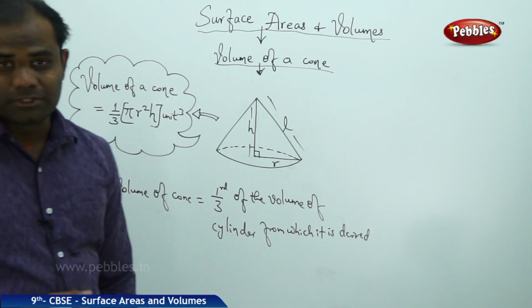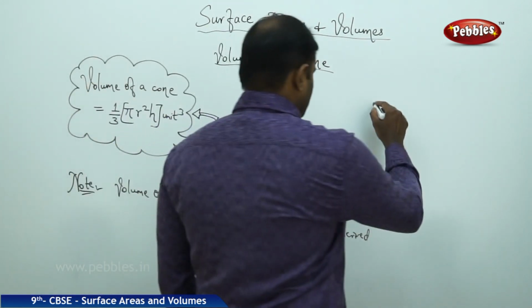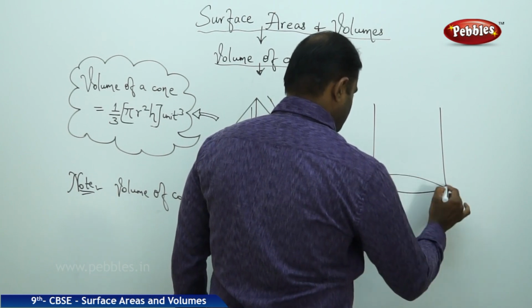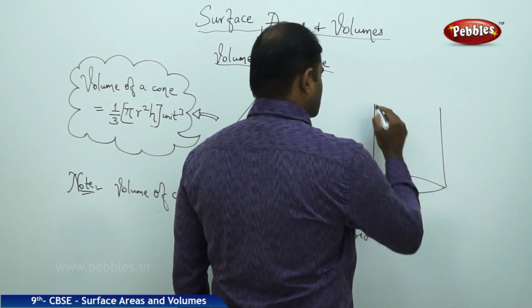What do we mean by from which it is derived? For example, I take a cylinder.